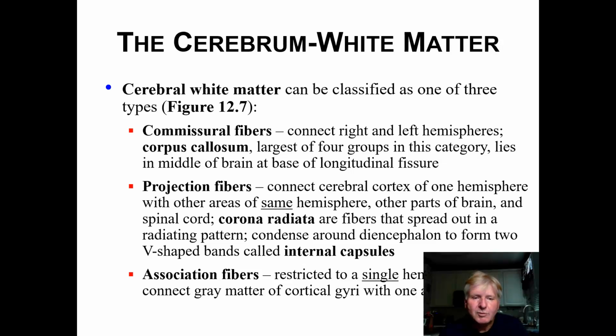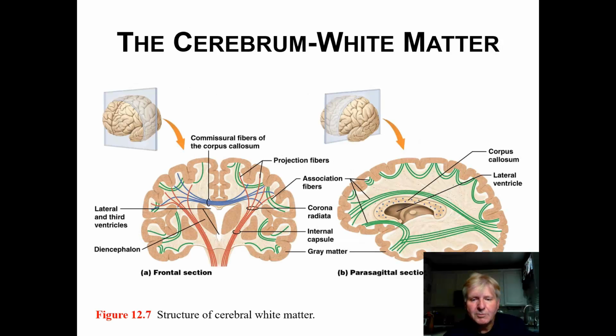The second group of cerebral white matter fibers are the projection fibers, which connect the cerebral cortex of one hemisphere with other areas in the same hemisphere, as well as other parts of the brain and the spinal cord. An example of projection fibers is the corona radiata, which comes from the internal capsule and generally projects from one area of the central nervous system to a higher region.